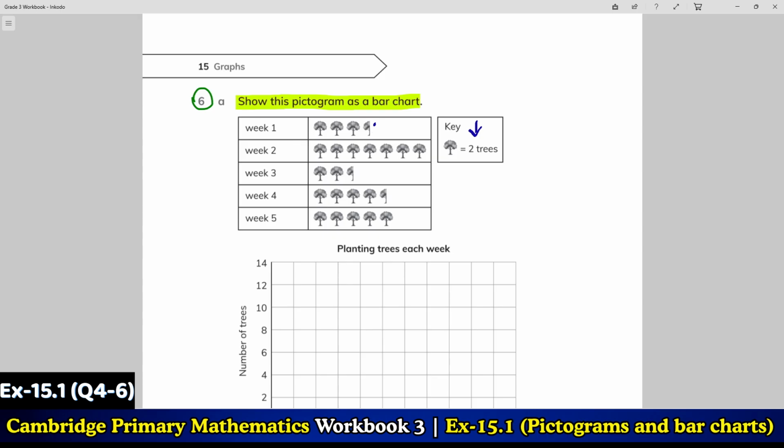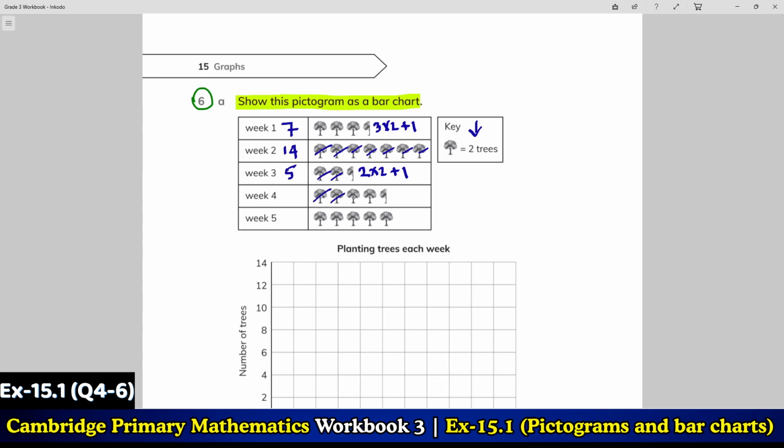It means 3 times 2 plus 1. 6 plus 1, 7. Here is 1, 2, 3, 4, 5, 6, 7. 7 times 2, it's 14 trees. Third week, 1, 2 and a half. It means 2 times 2 plus 1. It will be 4 plus 1, 5.